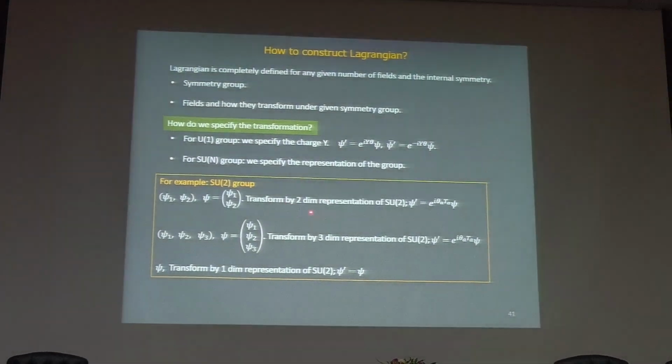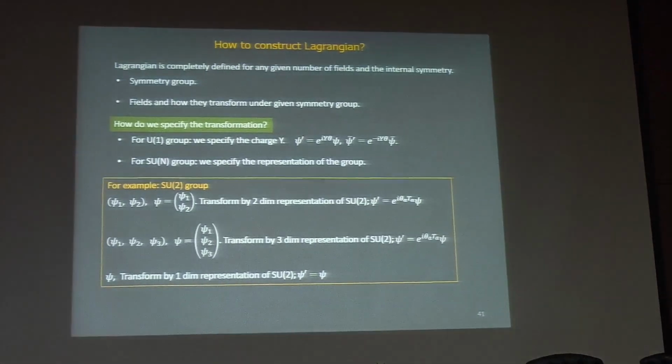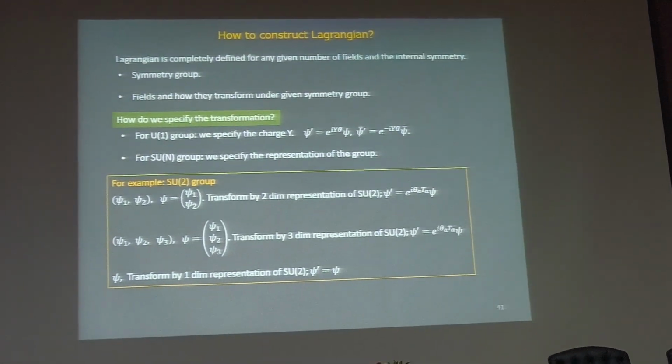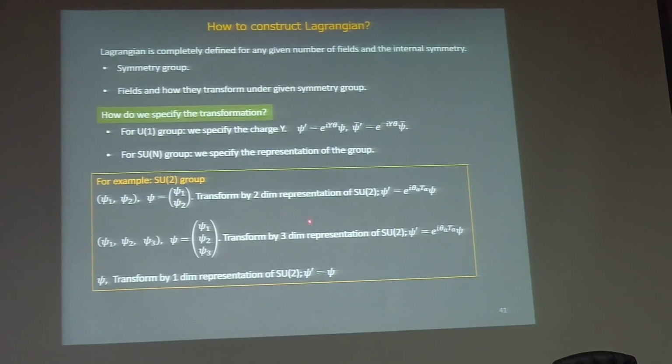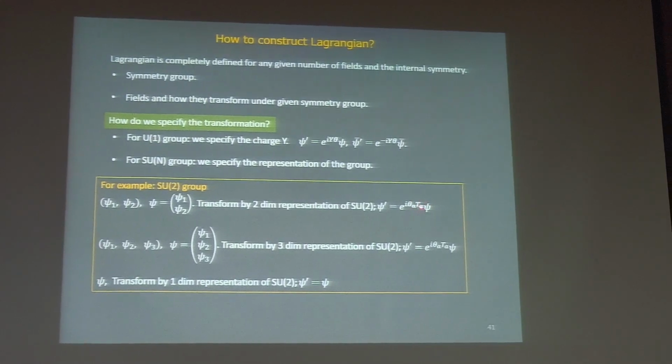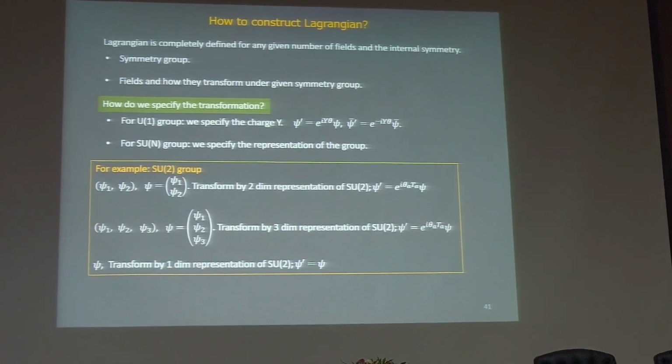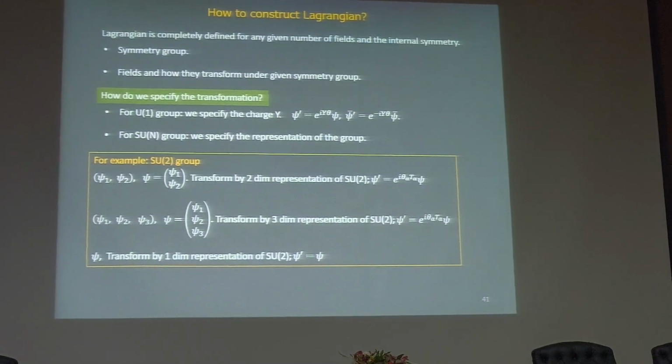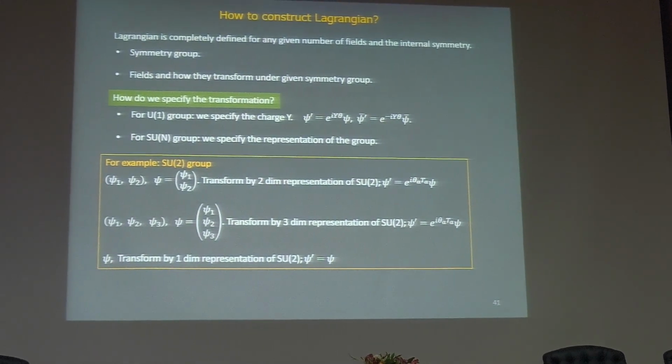So we just specify that the fields, the doublet, transform by the 2-dimensional representation. And of course, you can write the transformation explicitly in this form, where T^A are the generators of SU2 in the 2-dimensional representation, which are simply the Pauli spin matrices.